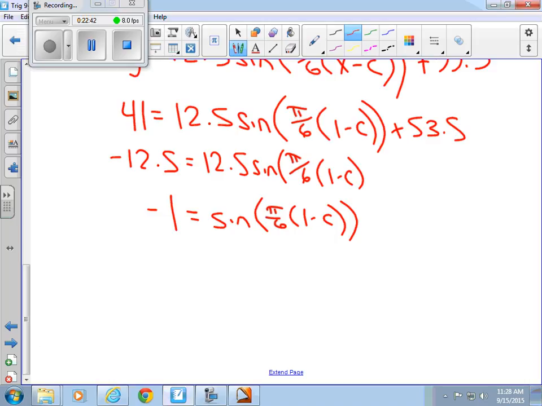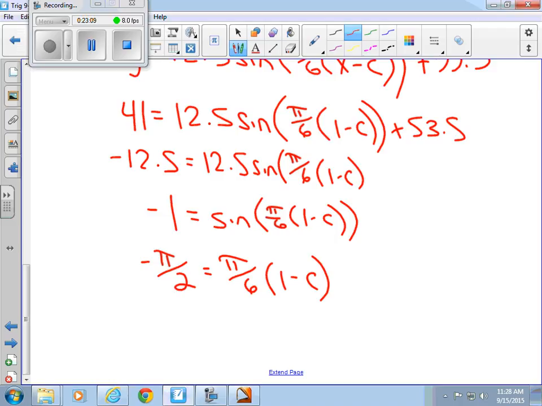Makes sense. Multiply by 6 over pi on both sides, and I get -3. So -4 is negative C. C is 4.